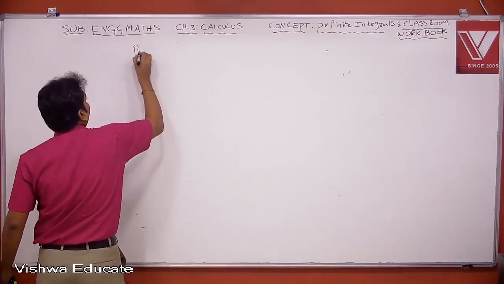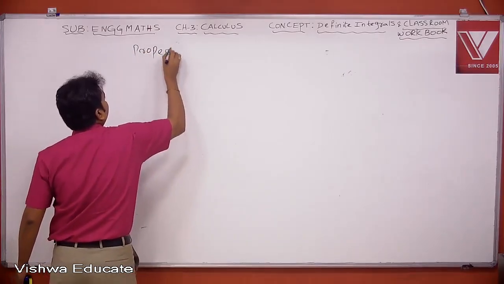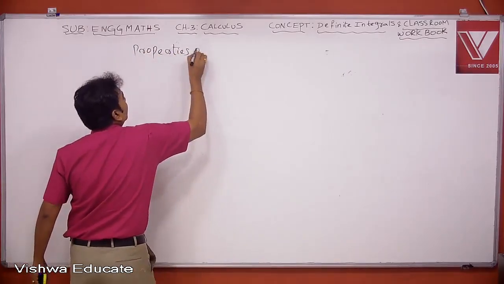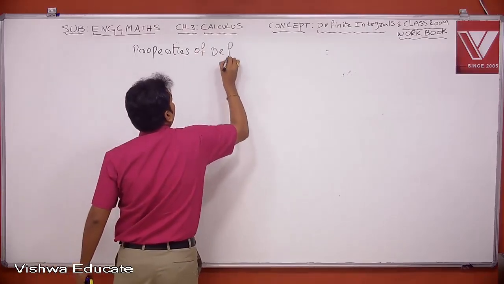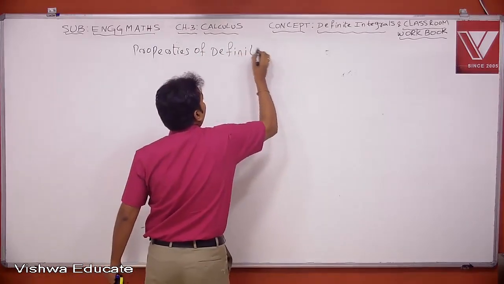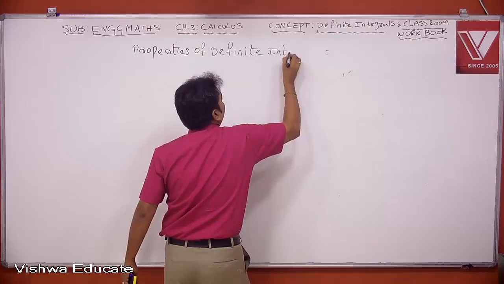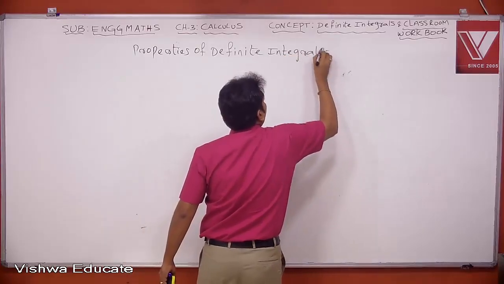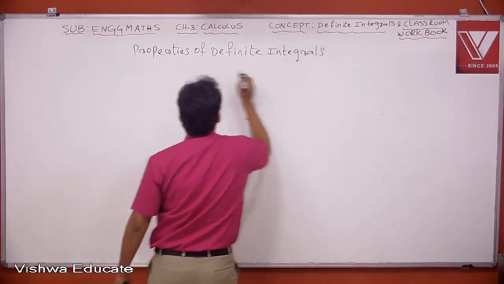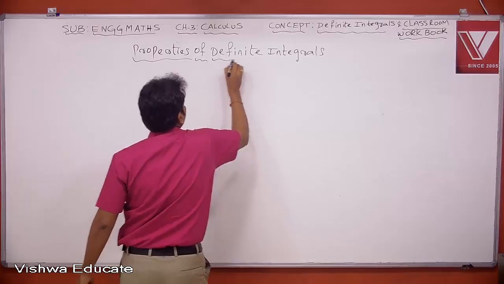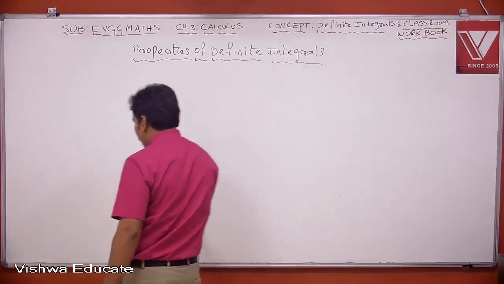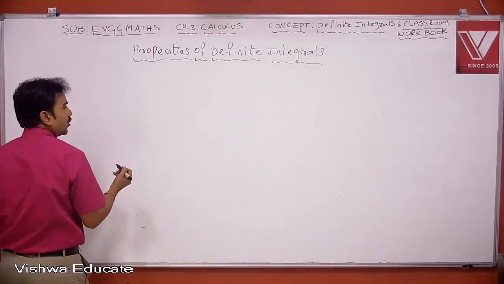So the next concept, properties of definite integrals. We have four properties. Let me write them out one by one.